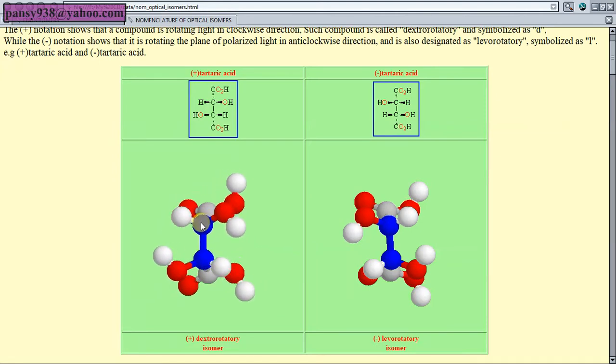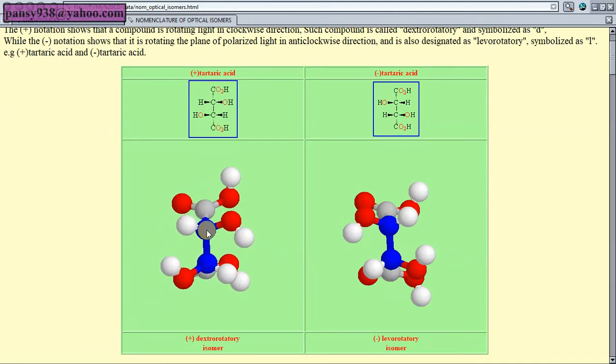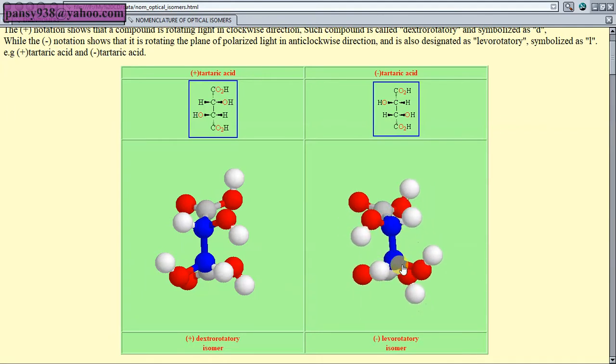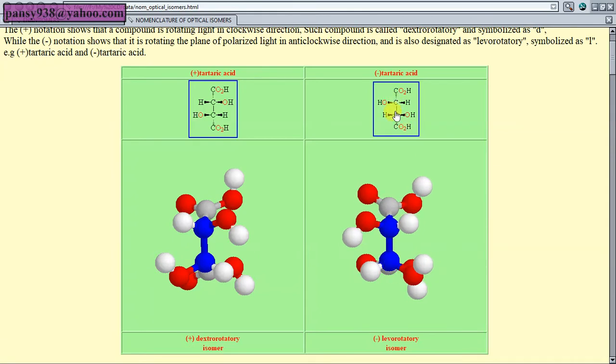You see that this 3D model is the best representation of this diagram, which is the positive tartaric acid, and experiments reveal that this is a dextrorotatory compound, so it is plus tartaric acid, while its isomer, which is negative tartaric acid, you can see in two-dimensional diagrams, is levorotatory.